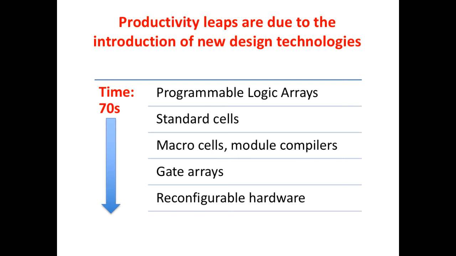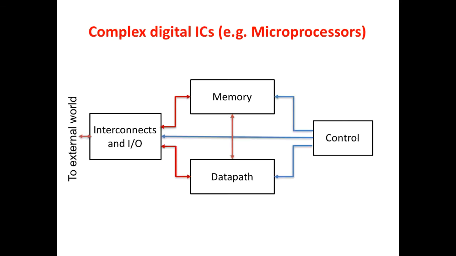Okay. Before we go into some more details in order to explain what these names mean, let's look at the general components of complex integrated circuits. For example, microprocessors, but also special processors and digital signal processors all have the same general structure. We have four main blocks.